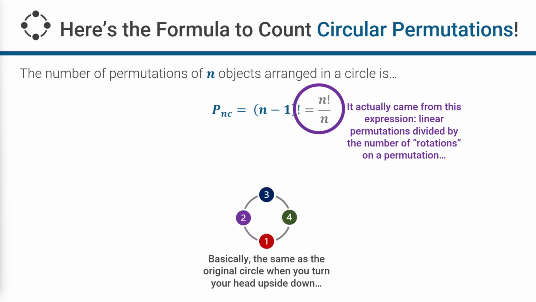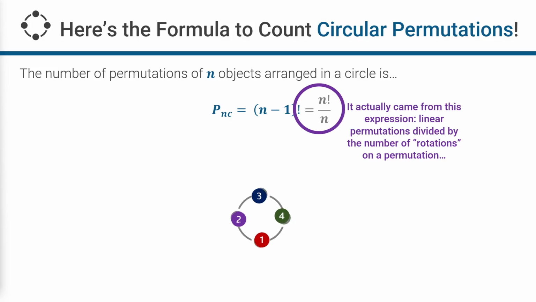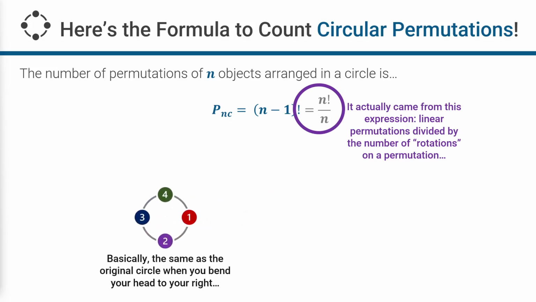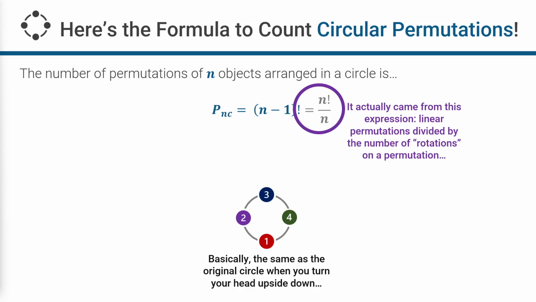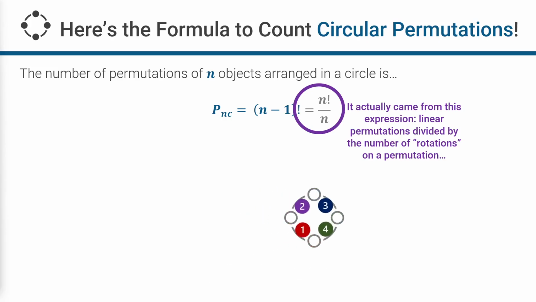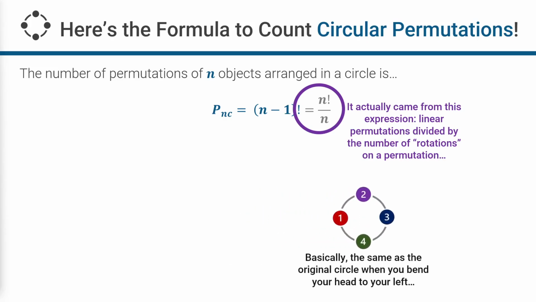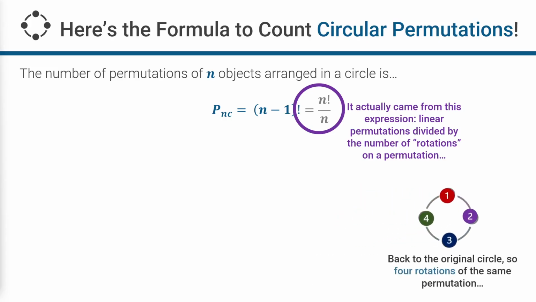Basically, it is the same when we are rotating it, the same as the original circle when you bend the head to the right, and when upside down. As you rotate it, it's the same. Now what we want to do is to have a reference point. That is why there's a minus one, and then everything else will be changing places.